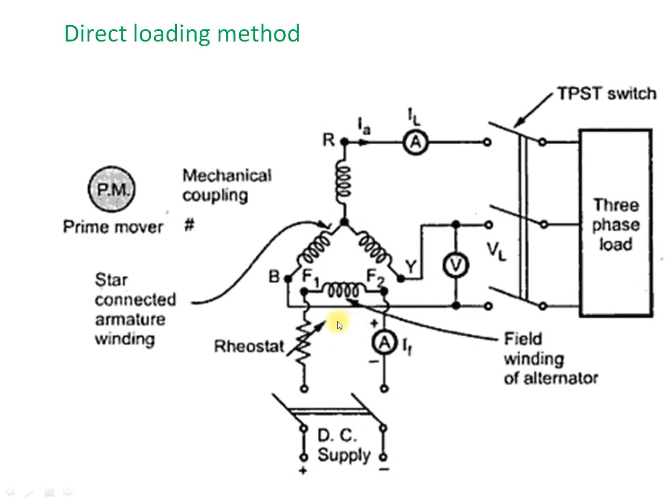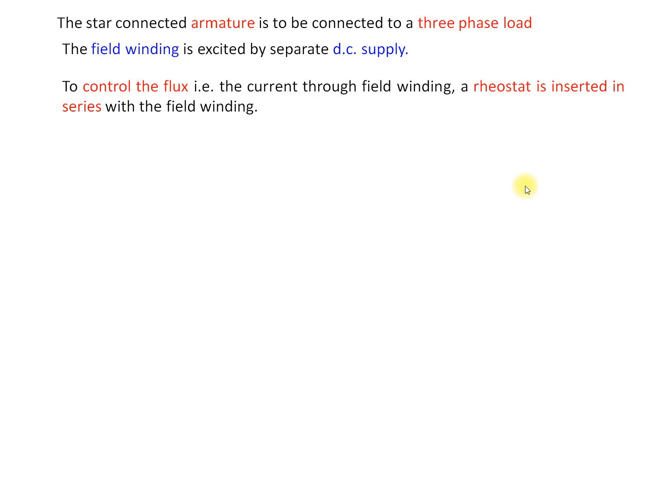That is, the input field current that we give is constant in this loading method, and for that particular IF we measure the value of VL for both no load and full load. From that we can calculate the voltage regulation in this method.